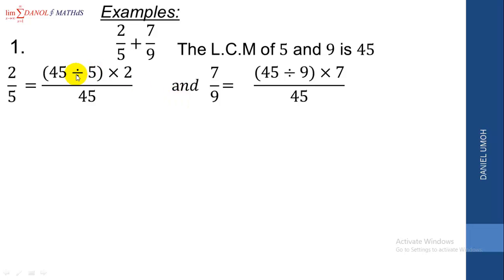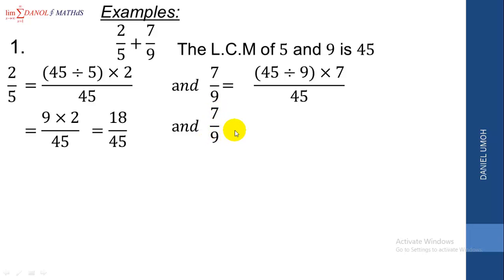Okay, coming back to here, 45 divided by 5, that will give us 9, then times 2, all over 45. Then of course, you know 9 times 2 gives us 18 over 45, right? Then coming here, we have this 7 over 9 gives us 45 divided by 9, that gives us what?